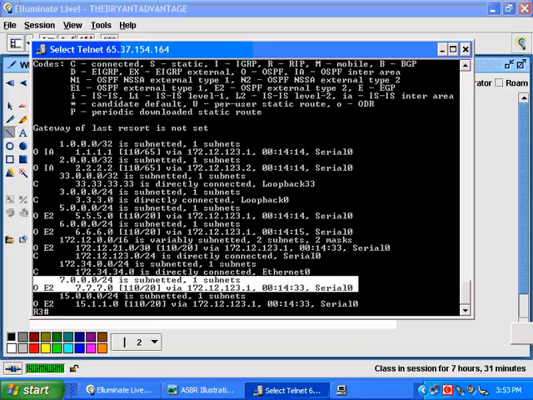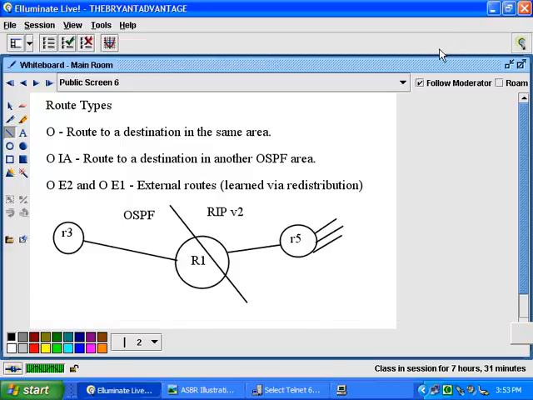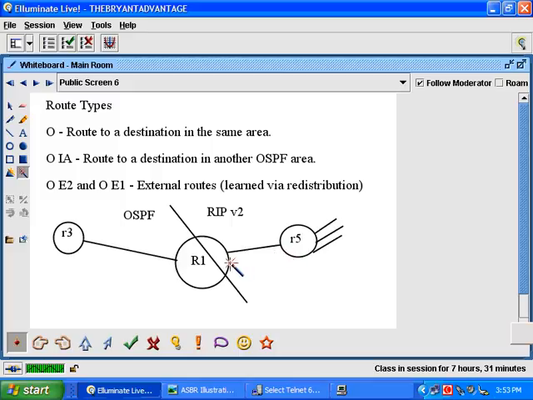This metric does not reflect the cost of the path to the ASBR. An E2 route's metric is only going to reflect the cost of the path from the ASBR itself to the external destination.